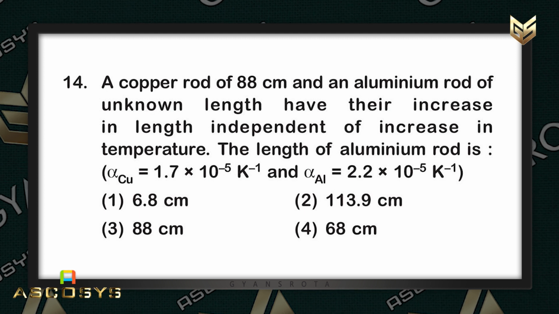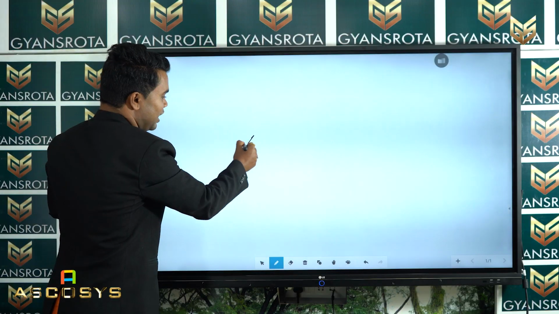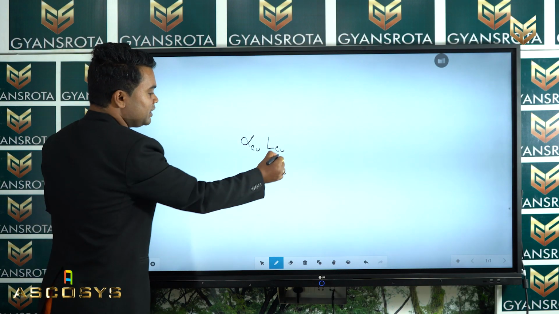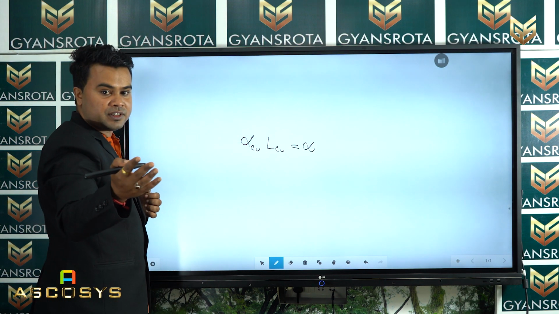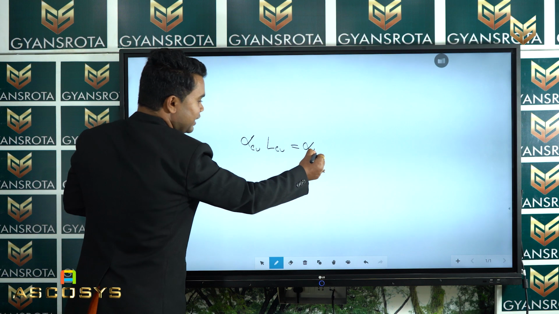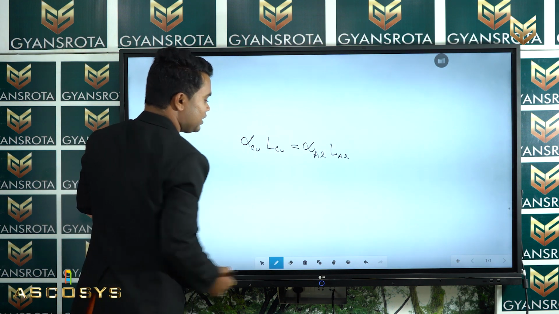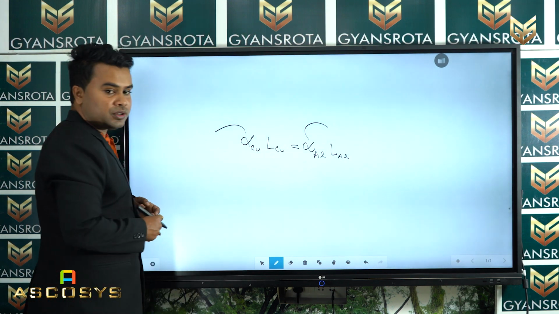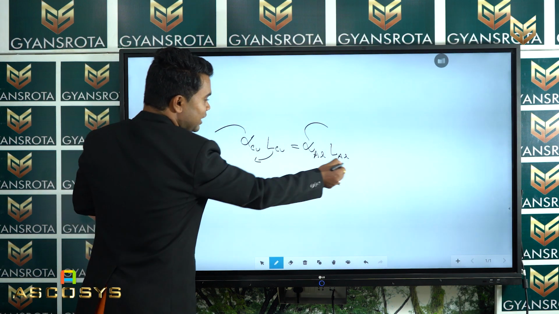You just need to use a very simple formula and then your answer will come. Alpha Cu times the length of copper will be equal to alpha of aluminum times the length of the aluminum. So, alpha of copper and alpha of aluminum is supplied to you, and then the copper length is supplied to you. You need to calculate this length.